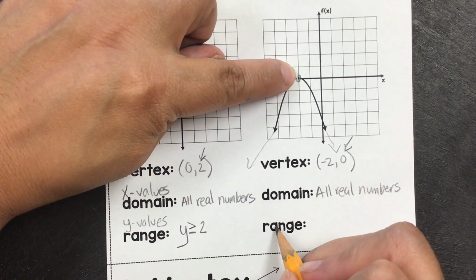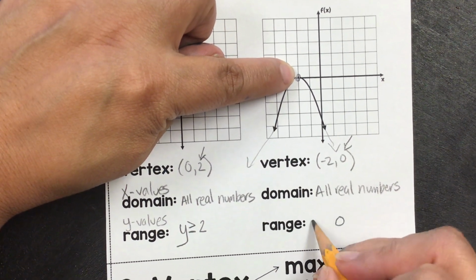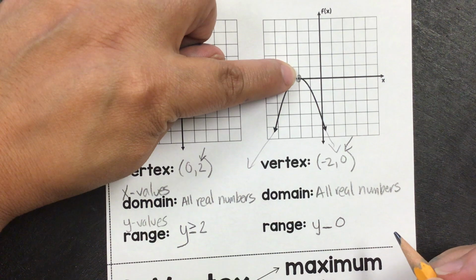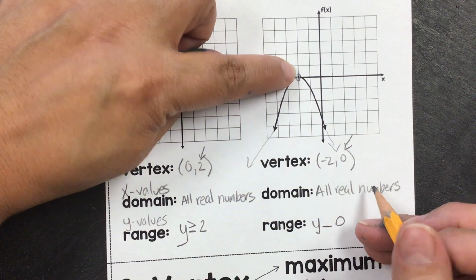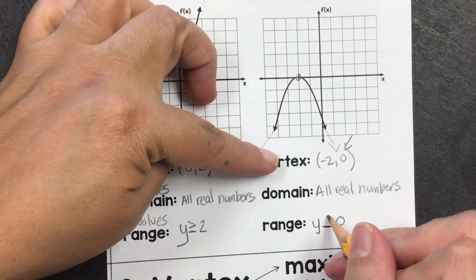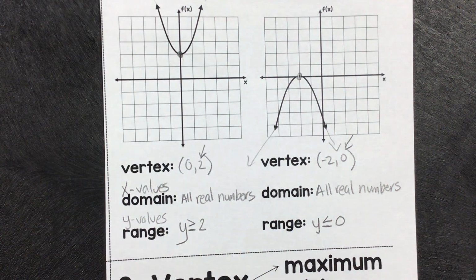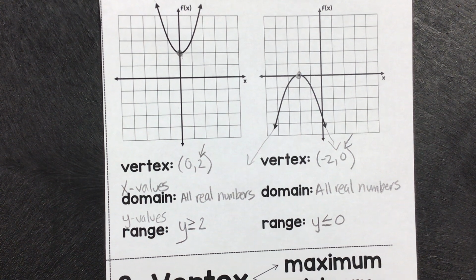Remember, range is y values. So y starts, that means it has to be equal to. And then these values are less than 0. And that's what it means, that the range will always be greater or less than, depending whether it's a maximum or a minimum.